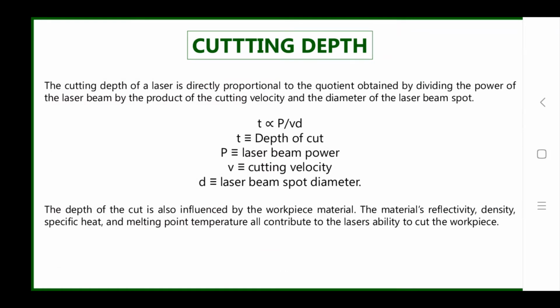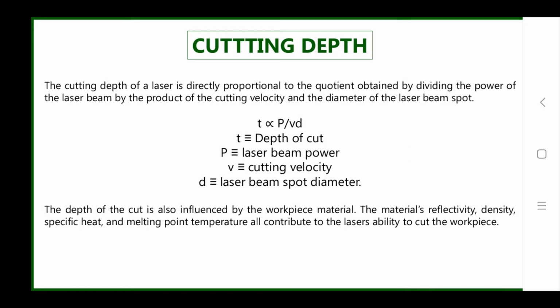Now here I will discuss the cutting depth of this laser. The cutting depth of this laser is directly proportional to the quotient obtained by dividing the power of the laser beam by the product of the cutting velocity and the diameter of the laser beam spot. So here I have given the mathematical formula.